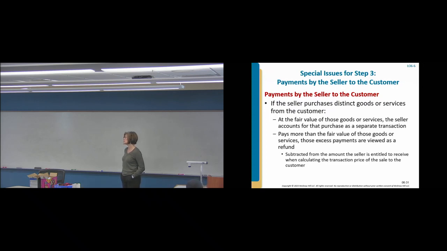If the seller pays more than the fair value of those goods or services, these are viewed as excess payments, and they are treated like a refund. That's not something all that usual that happens, but it can.